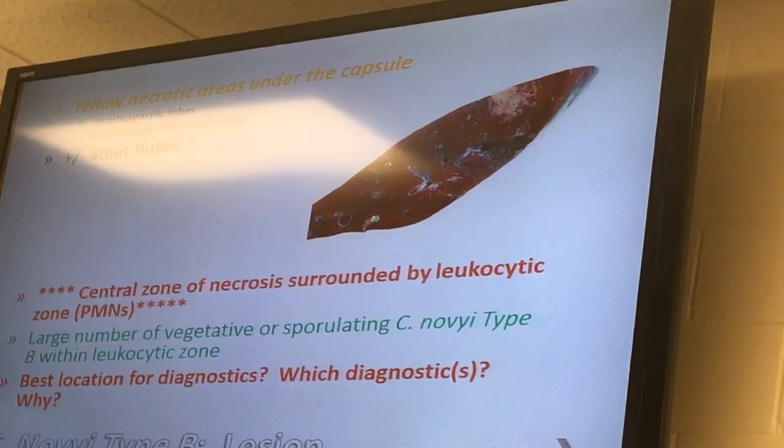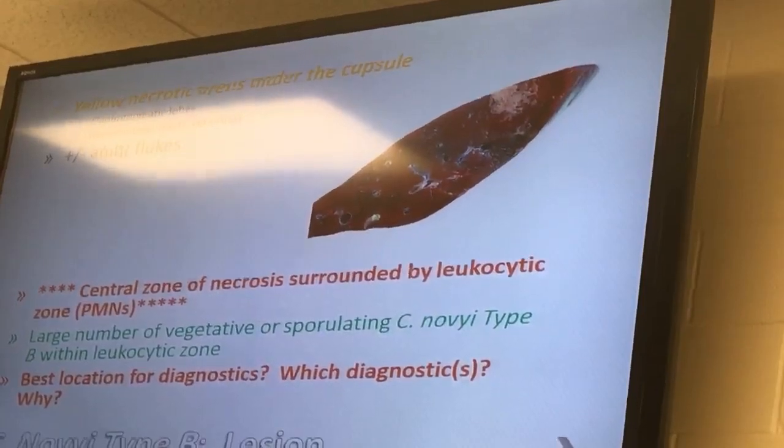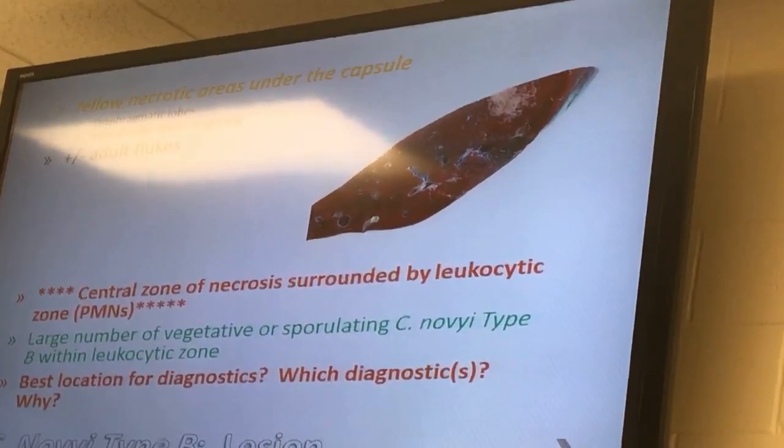Okay, you're looking at the liver, and when you look at the liver, if there are flukes associated with it, you'll see dark, irregular streaks throughout, underneath the capsule. If it's Clostridia that's associated with those flukes traveling, then you'll see necrotic areas. What would you do with the liver? Where would you get your samples?